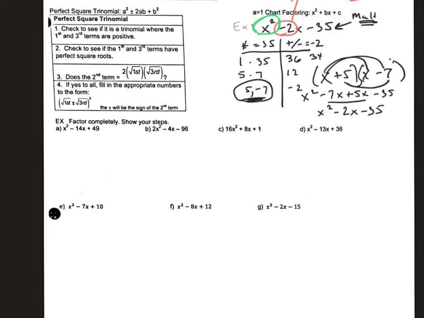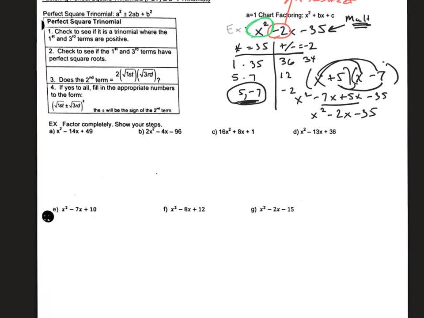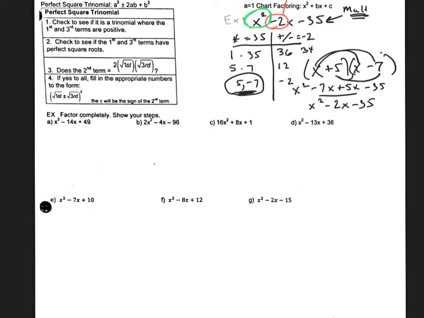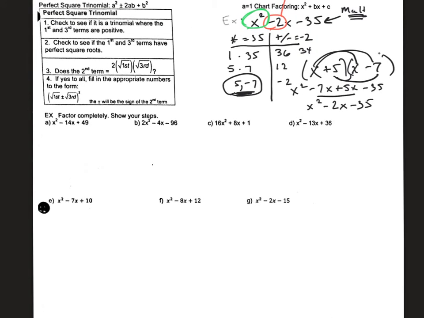Now this perfect square trinomial checklist at the top, basically they're asking you to go through and take a look. If the first term and the third term are perfect squares, you might have a perfect square trinomial. So if we think about the square root of x squared, that's an x, and the square root of 49, that's 7.